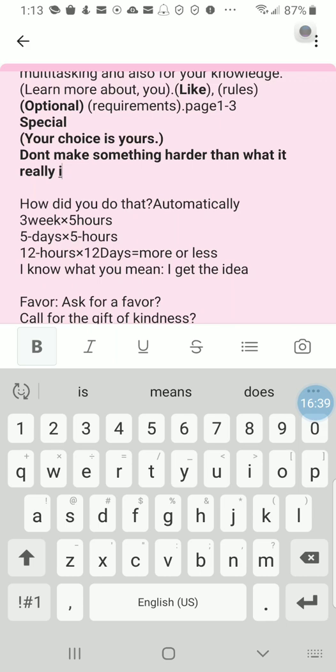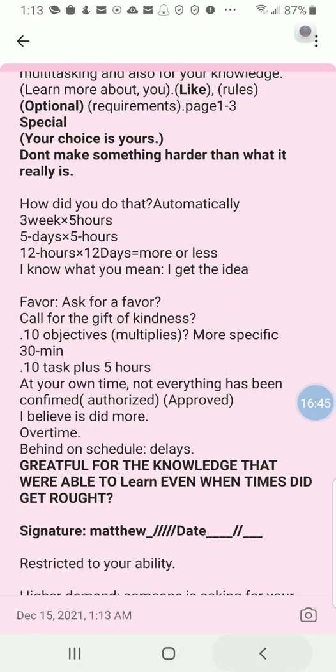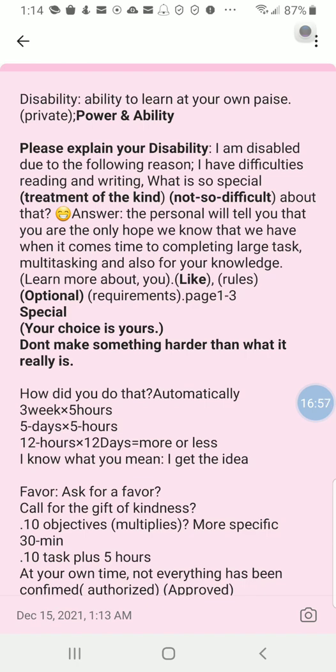So every time, it was suggested, don't make it any harder than what it really is. Whenever something becomes too complicated and too hard, a lot of times everybody else might say it seems like it wasn't so hard the second time or even the third time you tried.